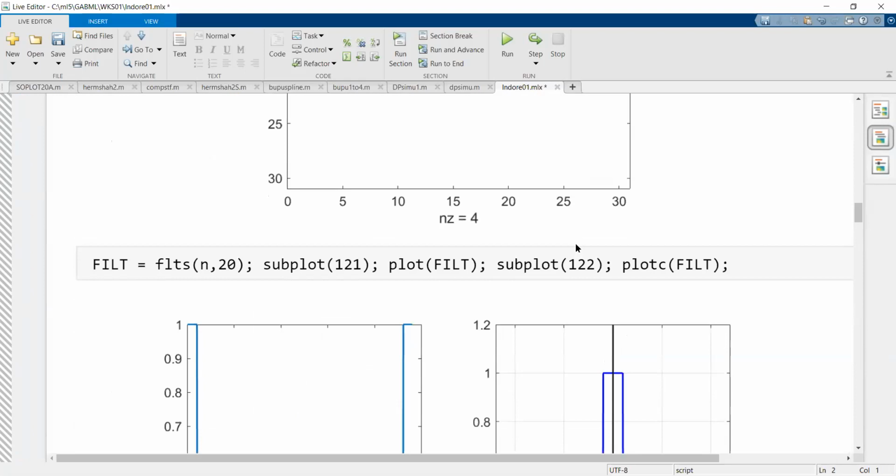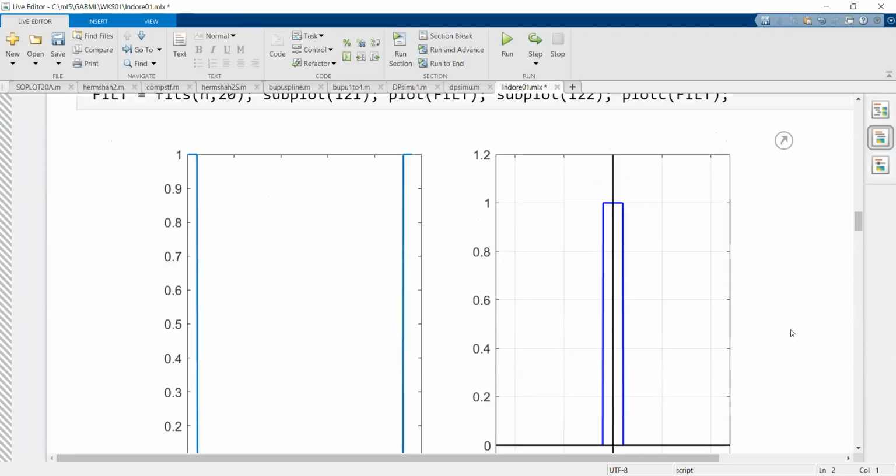So if I show you a filter, then it should be something which is arranged around 0. You would say you're sitting at 0, and the 0 component, let's say, is the first MATLAB component. And then you would like to do a filter which lets through everything which has a maximal frequency of 20. That means you would put 20 ones to the right and 20 ones to the left.